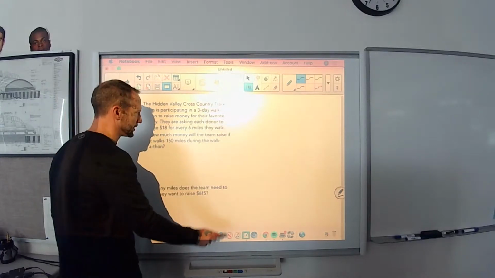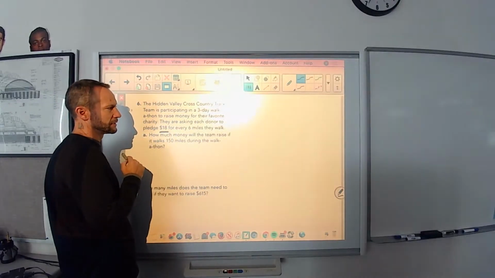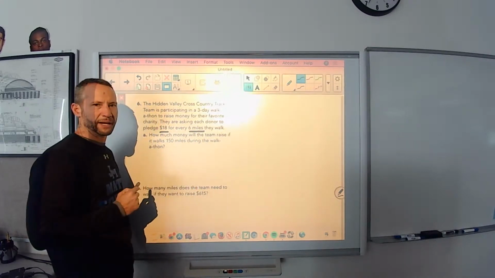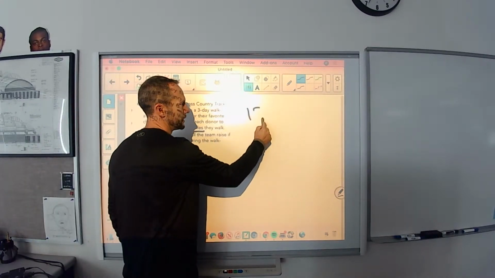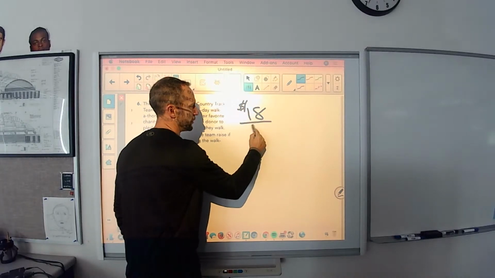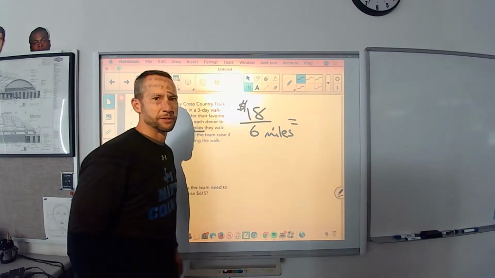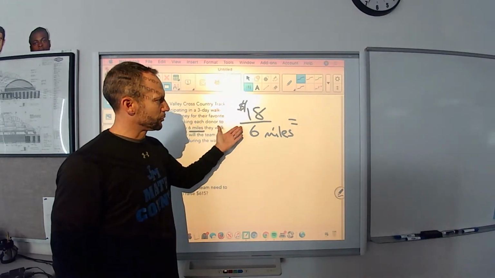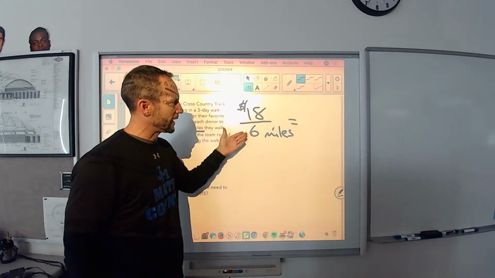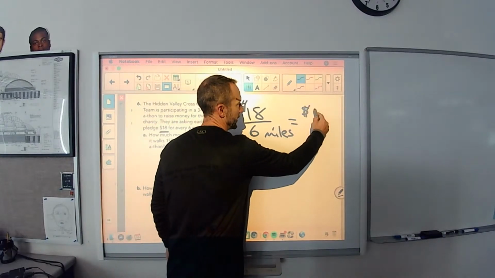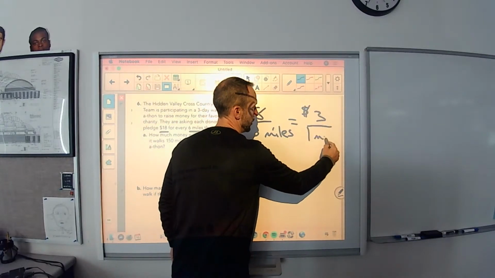So in this case, since we said the money was the dependent and the miles were my independent, we could write it as $18 over 6 miles, which some students instantly said, well, I could actually reduce that, right? I could simplify that fraction to, really, $3 per 1 mile.